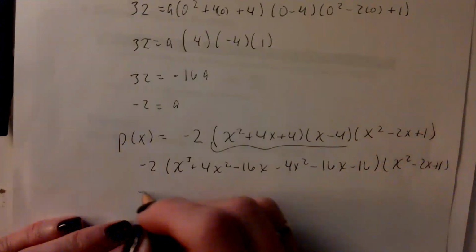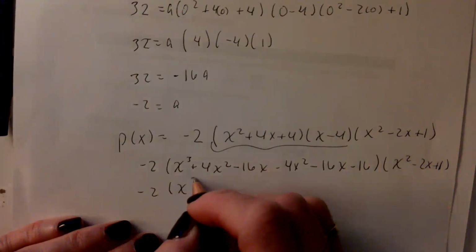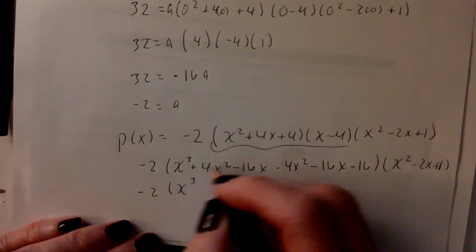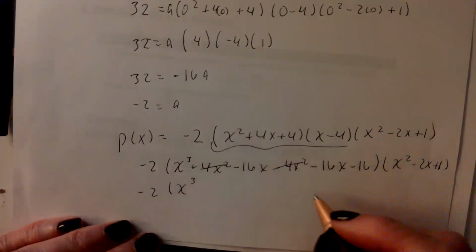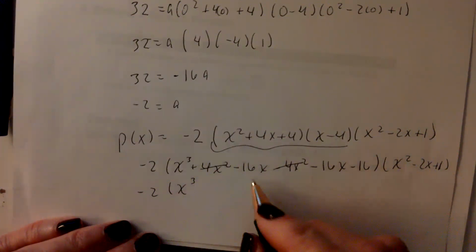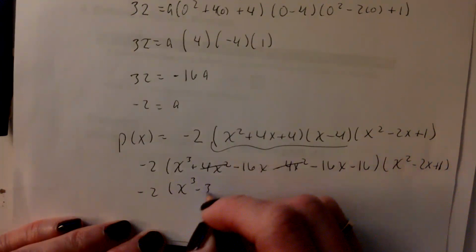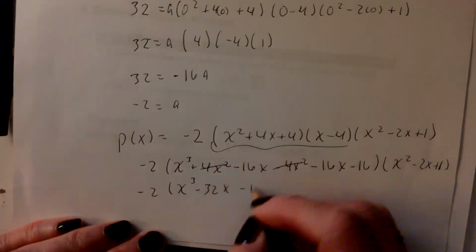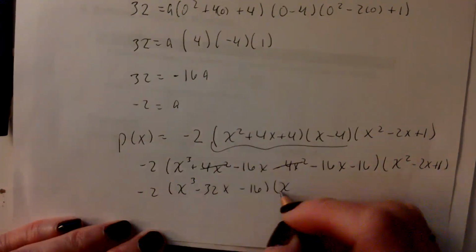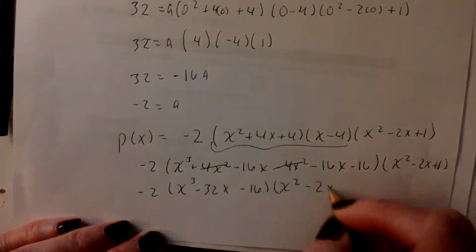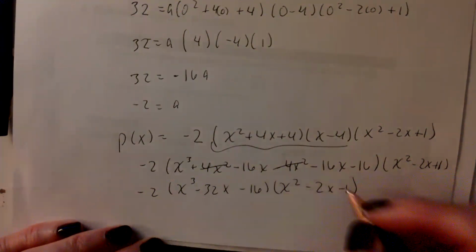So let's simplify in here first. X cubed, and the 4x squared and the minus 4x squared cancel out. And then we have minus 32x minus 16 times x squared minus 2x plus 1.